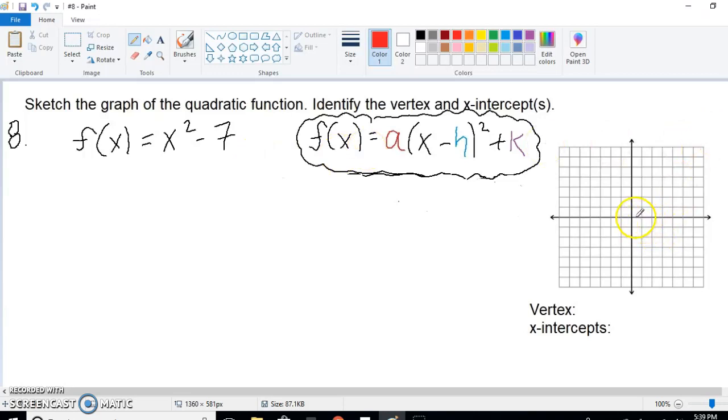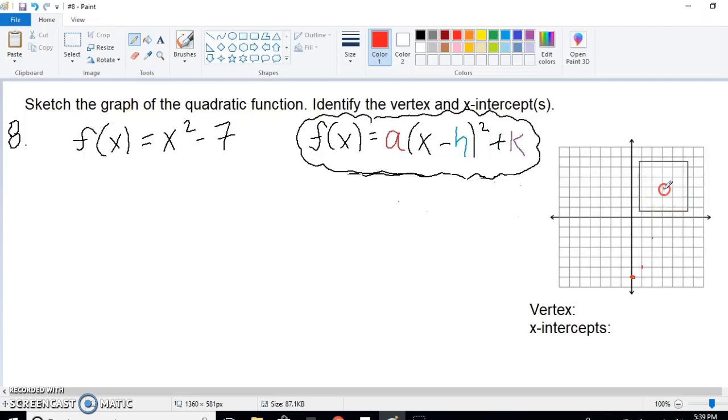So we can take what's normally at 0, 0, and move that down 7 units. Okay. Normally from that 0, 0, we go over 1, up 1. So that's what I'm going to do. I'm going to go over 1, up 1. I'm going to do this the best I can using the computer. And then over 2, up 4. Over 3, up 9.